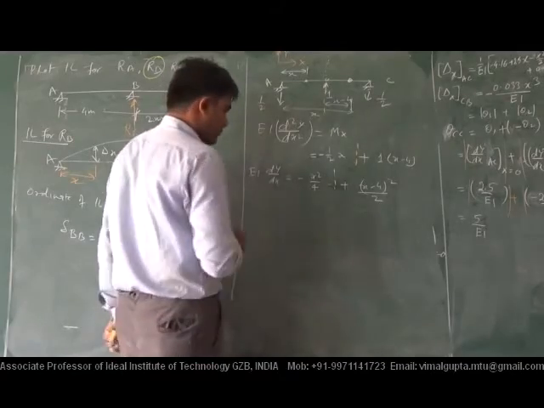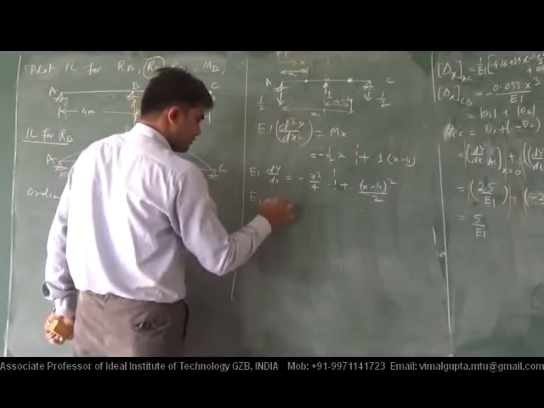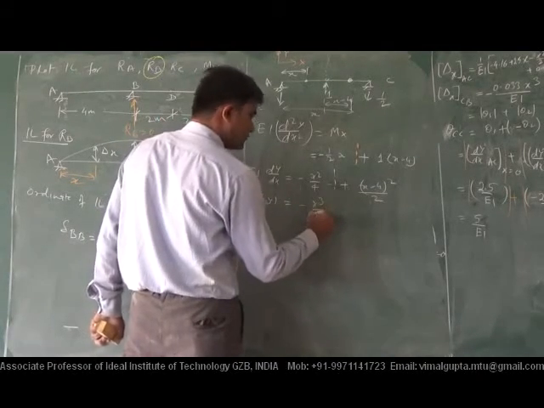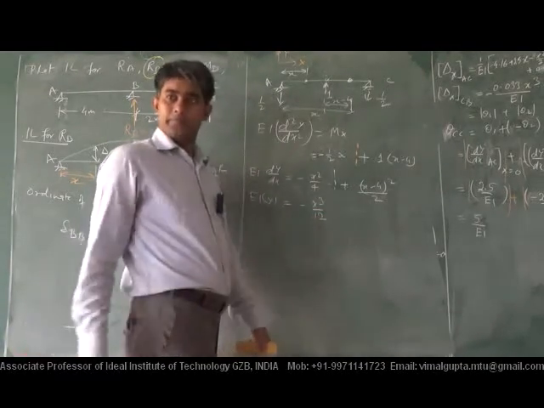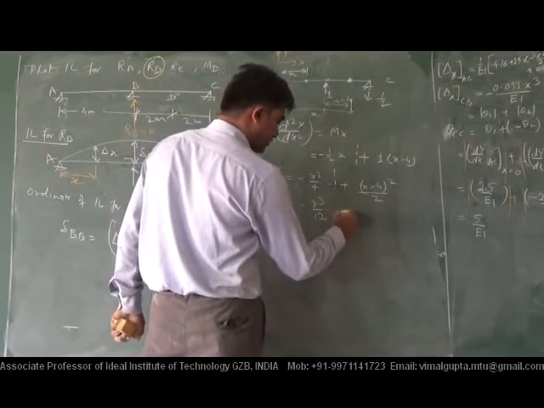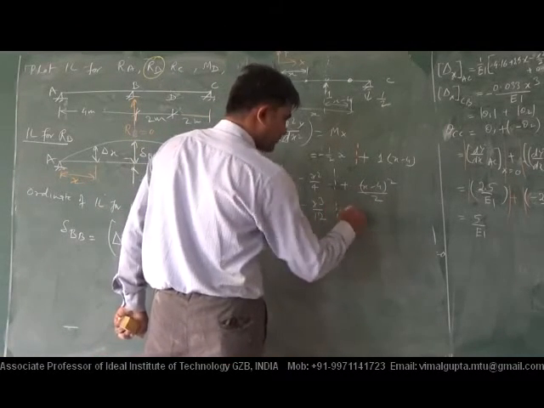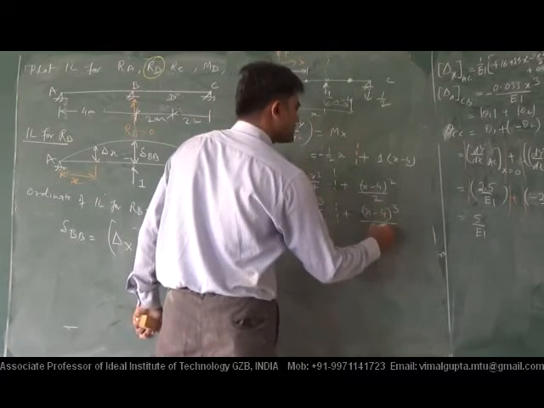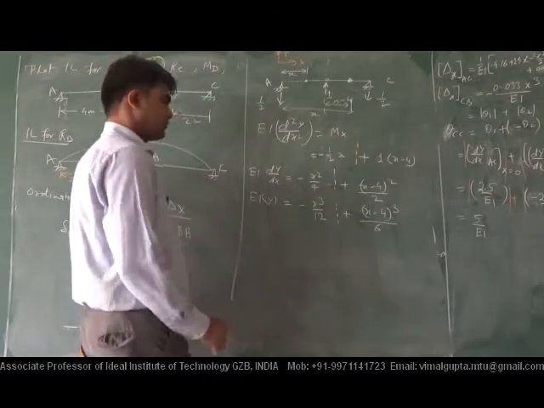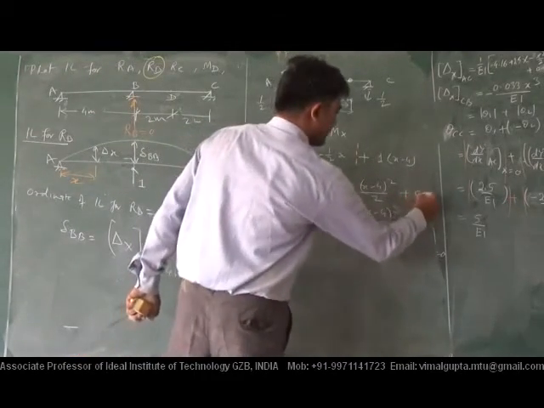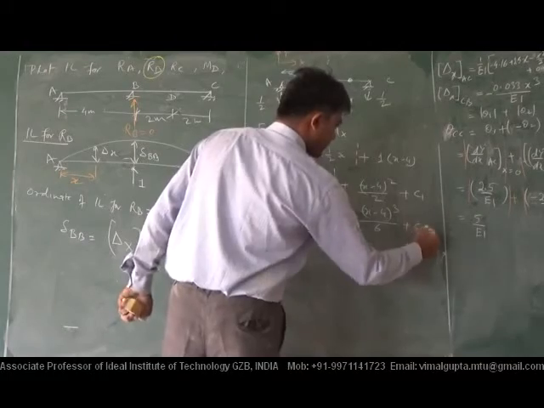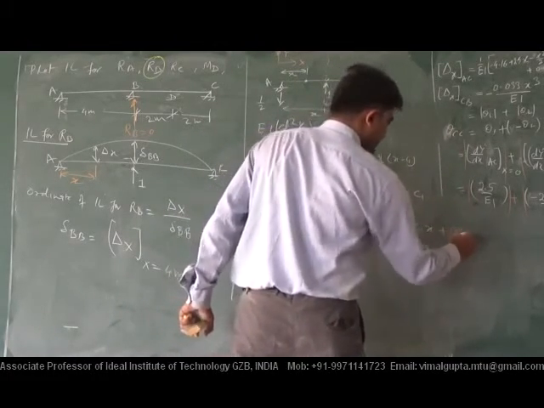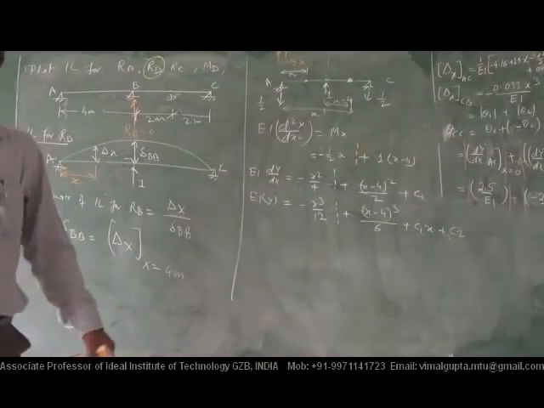Again integrate EI y, it is minus x cube by 12, and this one value dotted, plus x minus 4 cube by, how much is this, 6, plus C1x plus C2, clear?